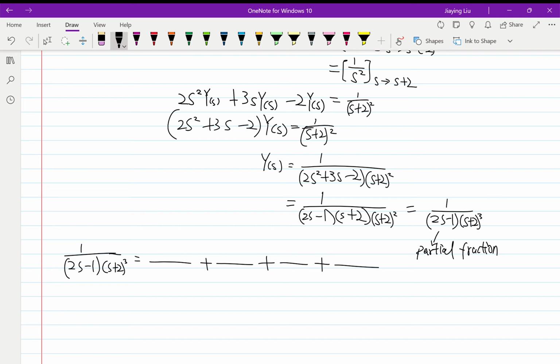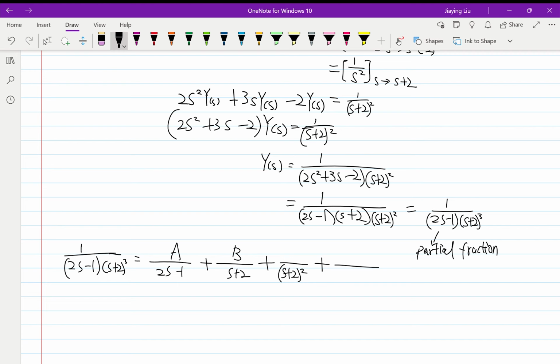The first one has a denominator 2s minus 1. It's linear, so the numerator is just A. The second one has a denominator s plus 2, so the numerator will be B. The third one has a denominator (s plus 2) squared, right? Because if we have (s plus 2) cubed, the three factors of s plus 2, when we find partial fractions, we have to use all three of them.